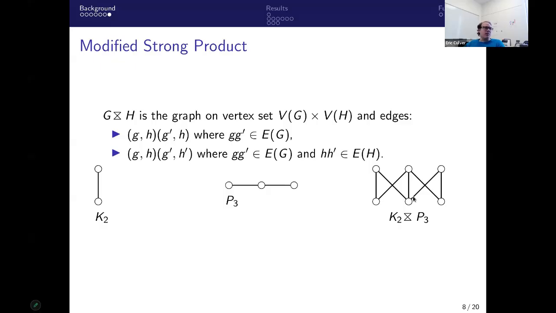And so in the modified strong product, we just have copies of the first graph going down, and then we have these cross edges. And that's what the symbol's supposed to suggest there. The definition is attempting to spell that out.